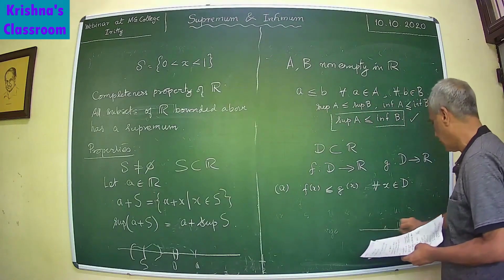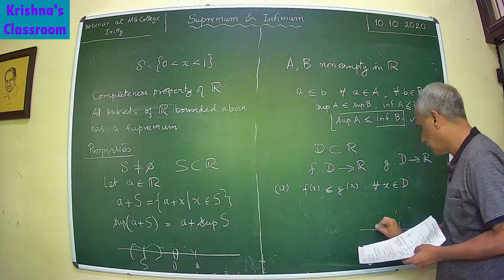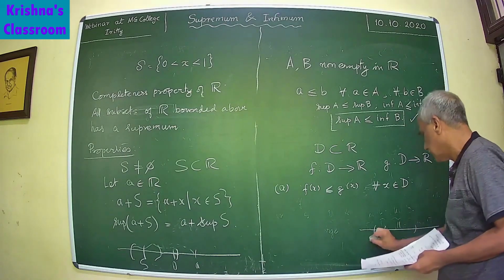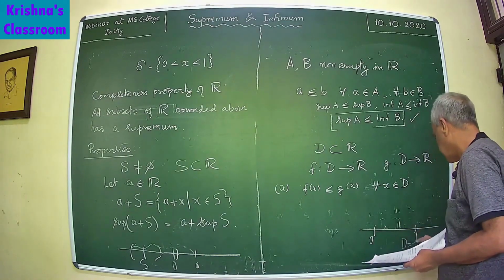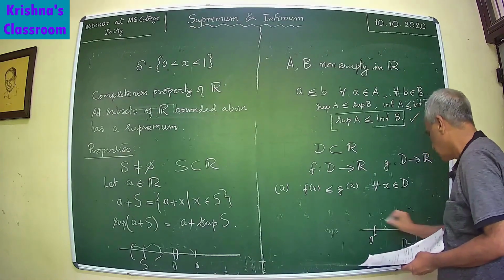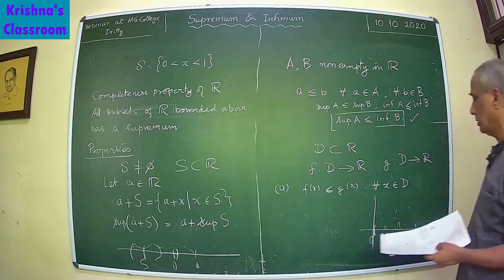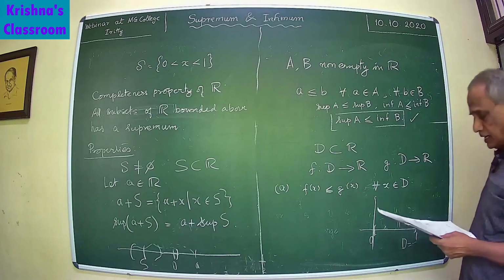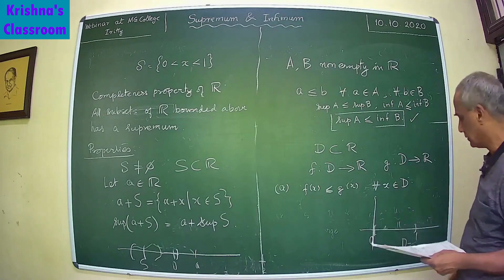What will be the nature of the graph? Suppose this is your D, so D is equal to say 0 to 1.